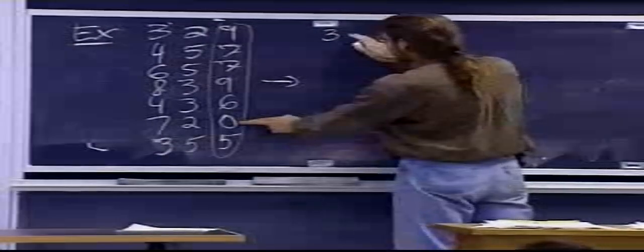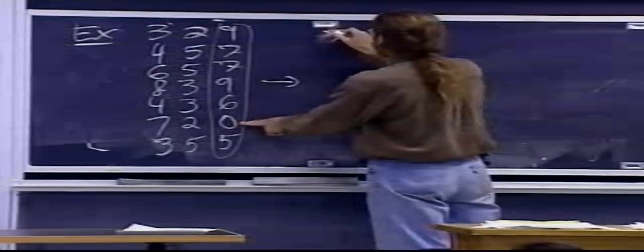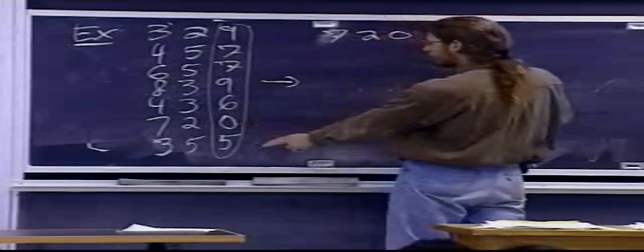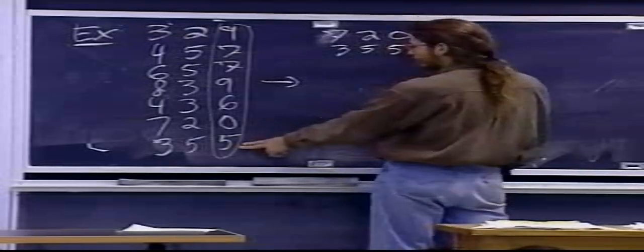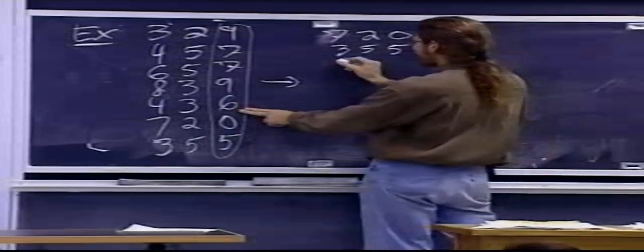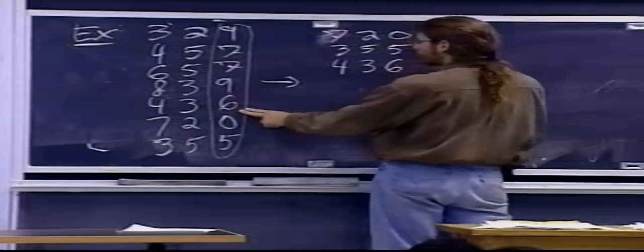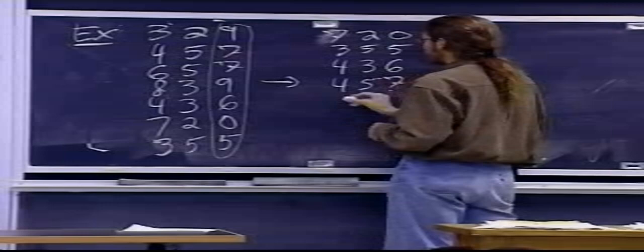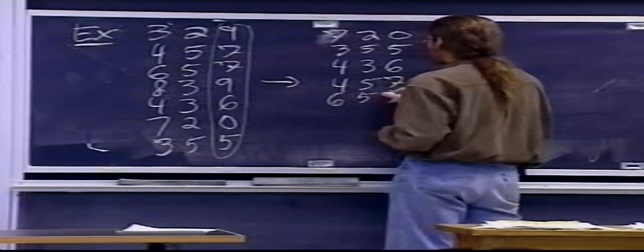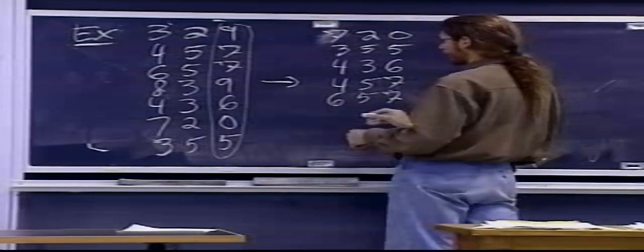So smallest is 0, then 5, then 6, then 7, and then 9.